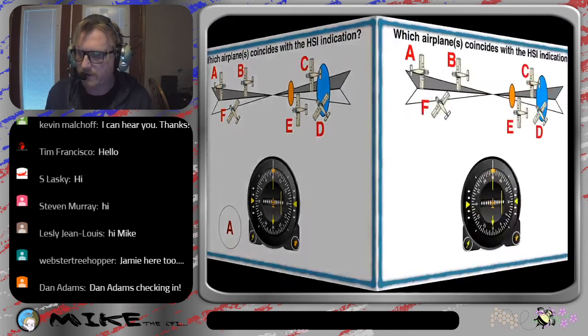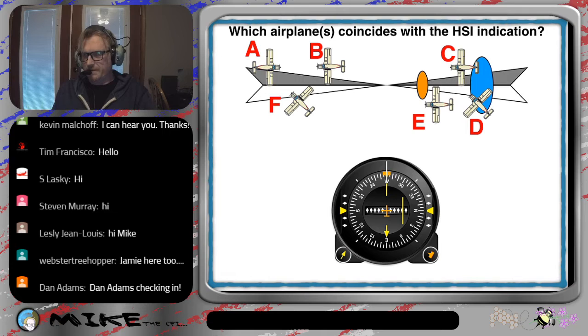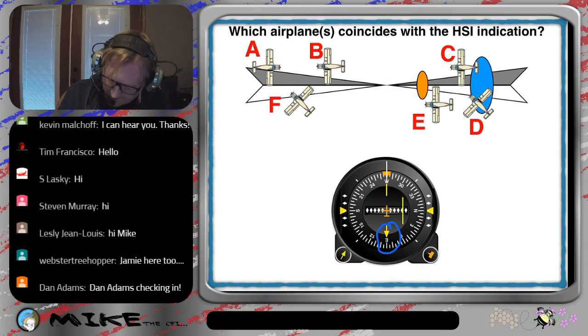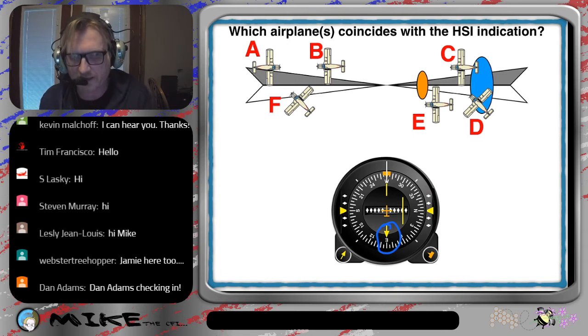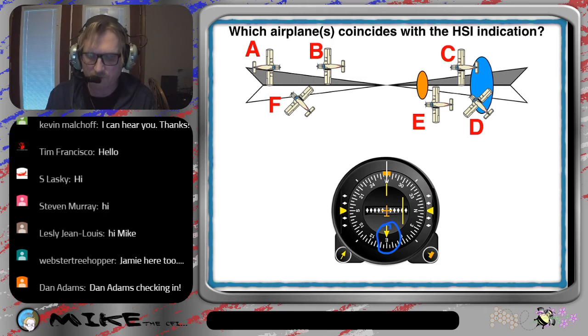All right, doing some more attention to details here. The tricky part on this one is that you already have the answer. Anyway, we're set to the back course, which means that we have the HSI set incorrectly, which means that we are now reverse sensing, which means that instead of flying to the needle, we say that we are the needle.